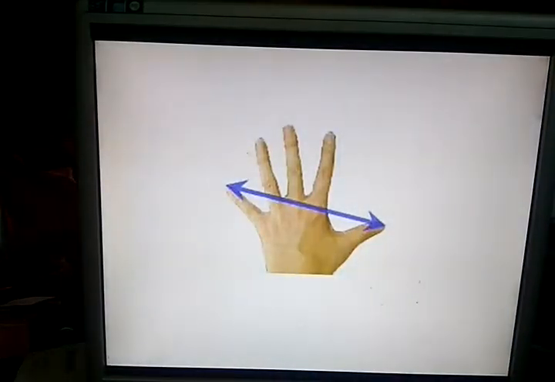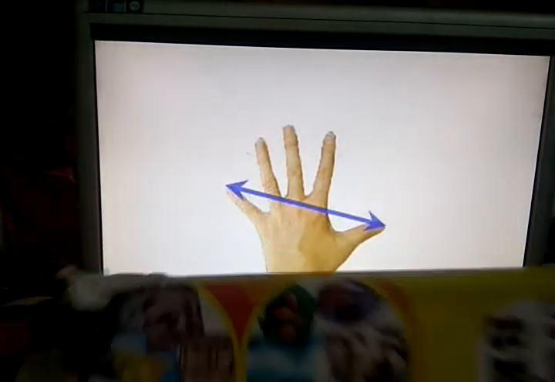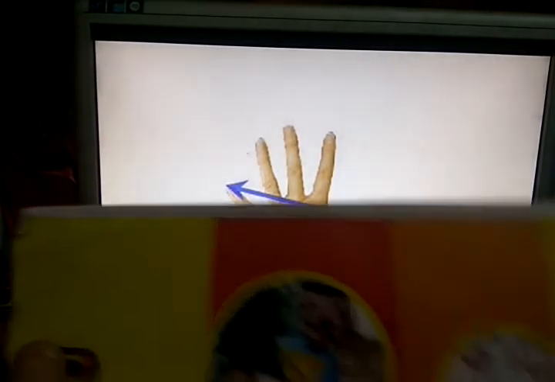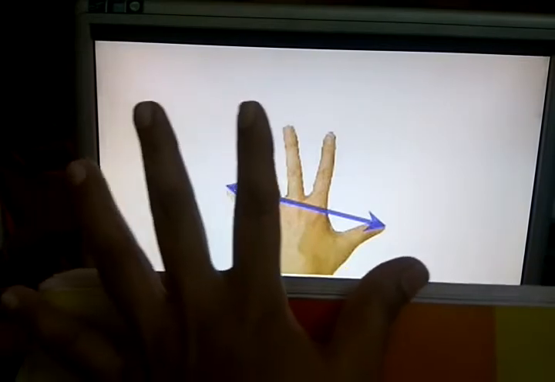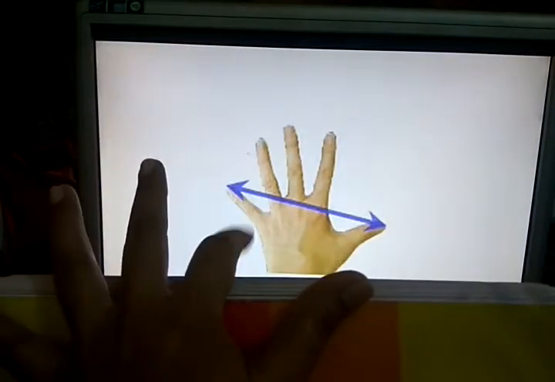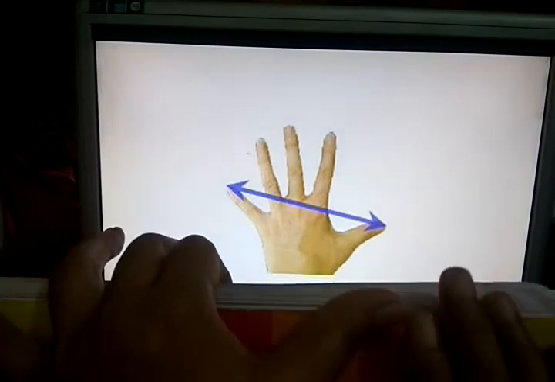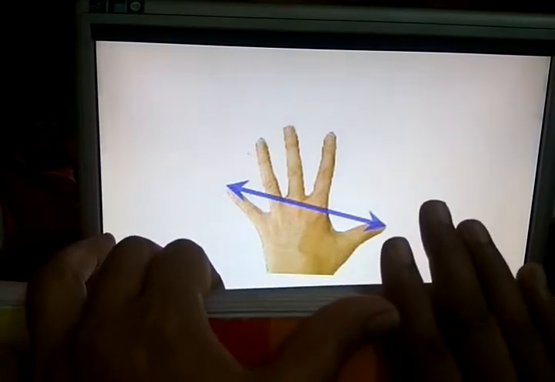So, now look here. Using hand span, we can measure the length of the semester book. Here is semester book with me. Now, I will measure the distance. See, from here, one hand span, and after that, 4 fingers.